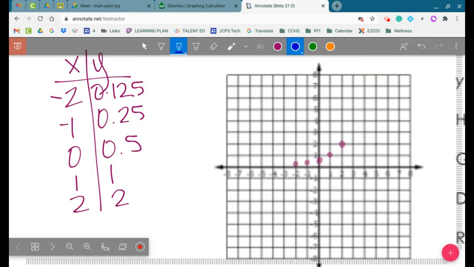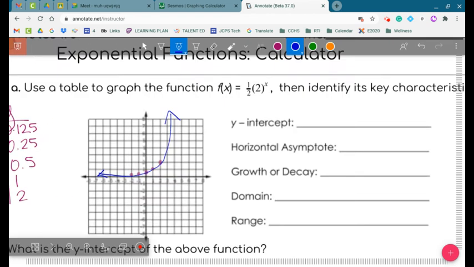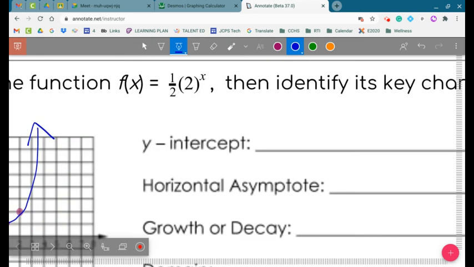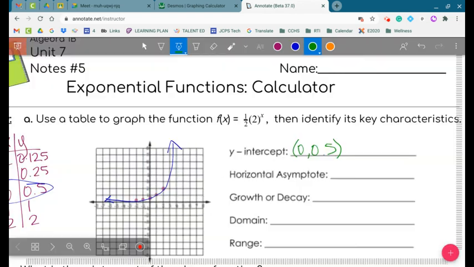And then drawing my exponential function, it's going to graze at the x-axis and then go up. Make sure you have arrows on the ends of your line. So our y-intercept on this one, and we can look on our table, is (0, 0.5). The horizontal asymptote, remember, that's the imaginary line that it never crosses.